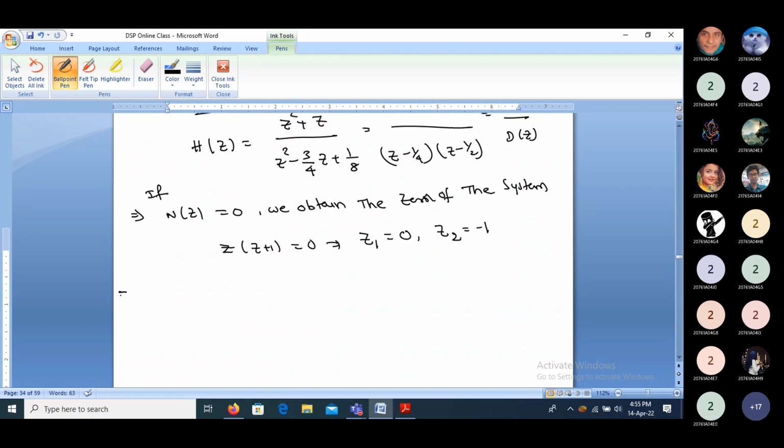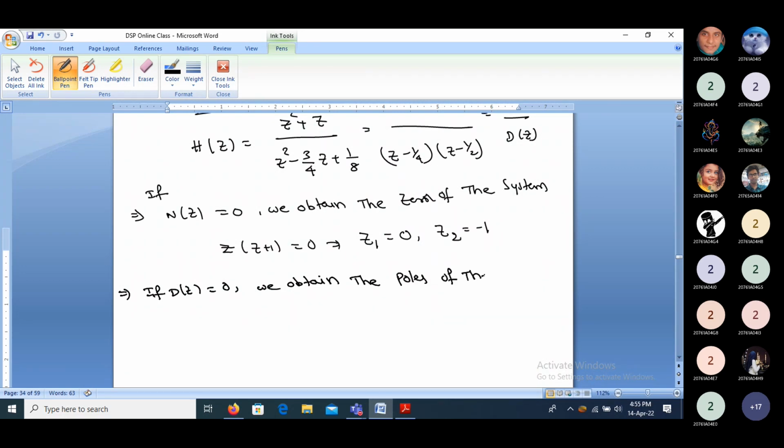Next, what about the poles? Poles are the values of z for which h of z is equal to infinity. When it is infinity, if d of z is equal to 0, at that time we obtain the poles of the system function.